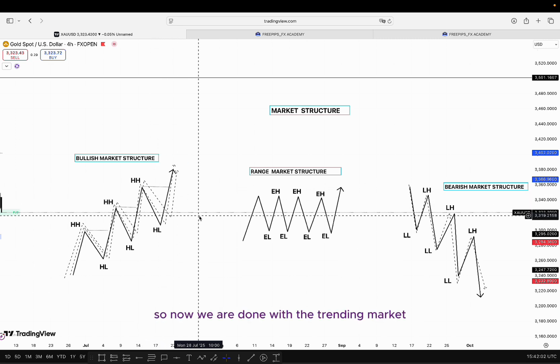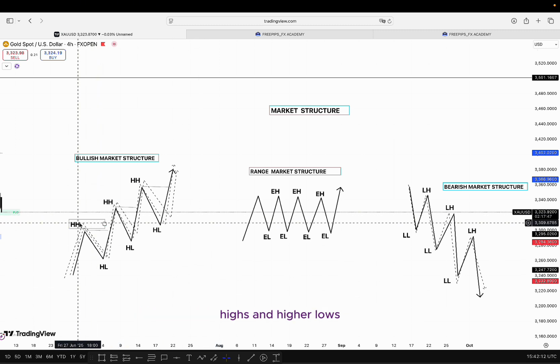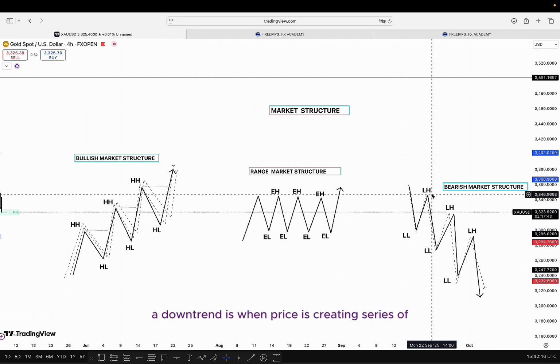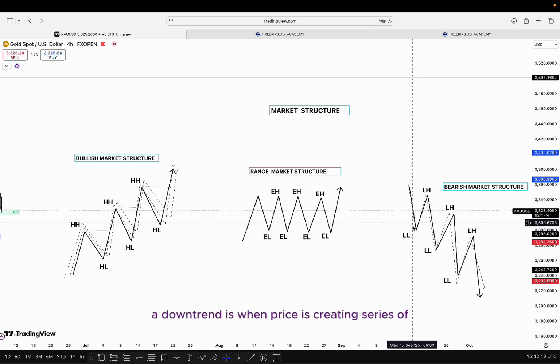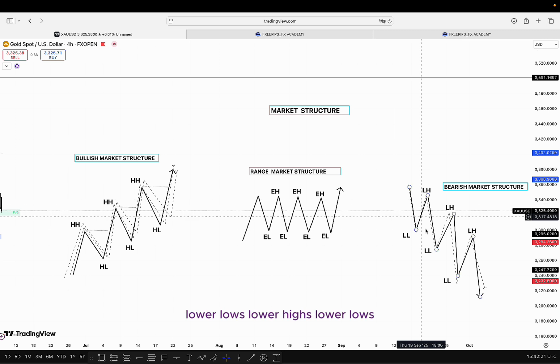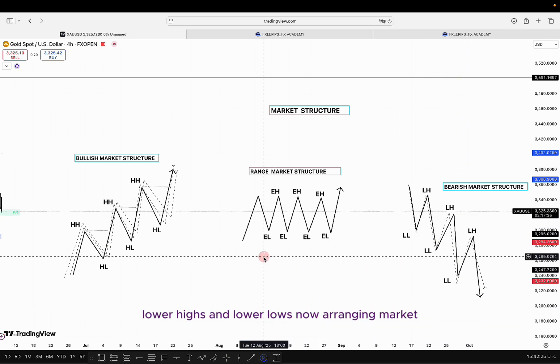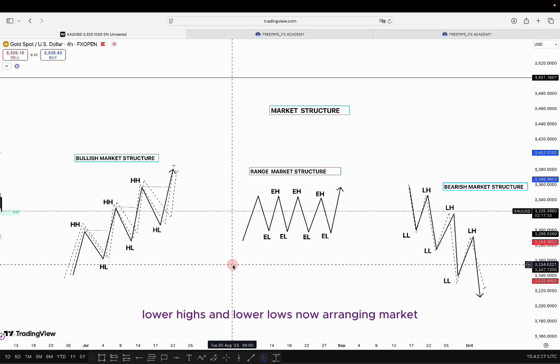So now we are done with the trending market. We said we have uptrend and the downtrend. An uptrend is when price is creating a series of higher highs and higher lows. A downtrend is when price is creating a series of lower highs and lower lows. Now, a ranging market.